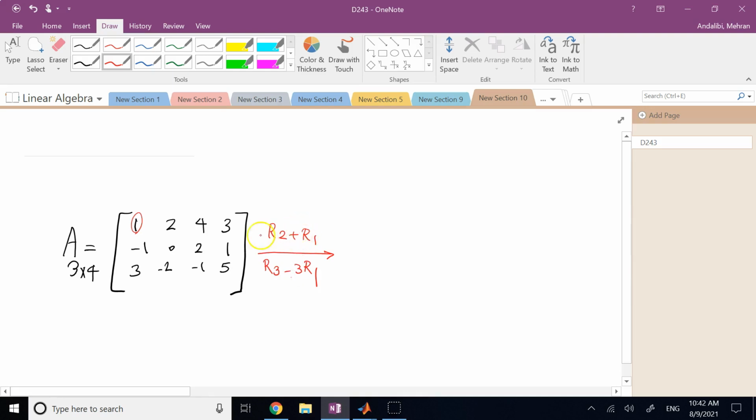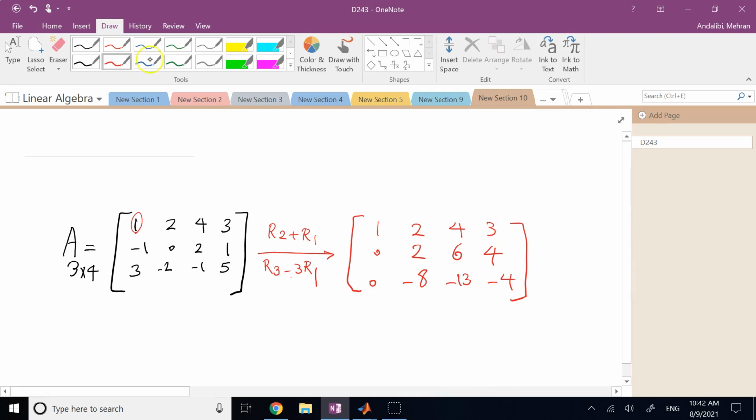And this 1 times R1 is also the ratio of negative 1 over 1, negated. So it is 1, 2, 4, 3. You get a 0 and a 0 here. And then you get a 2, a 6, a 4, and then negative 8, negative 13, and negative 4.